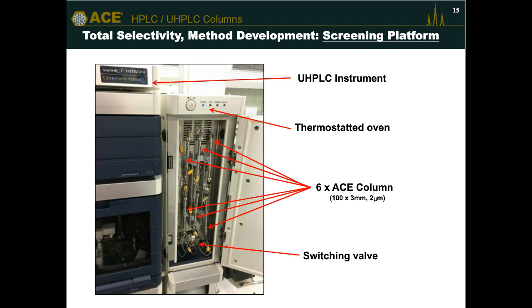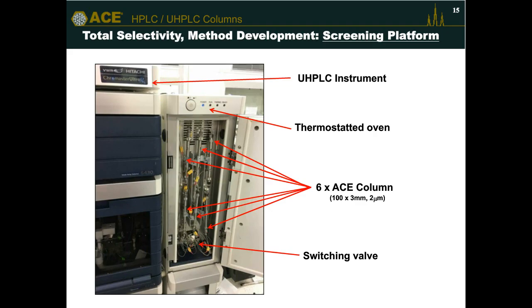What we found is this is a good compromise of speed, robustness and column lifetime. So this allows us to have a reasonable number of plates for good efficient chromatography, and also with the 2 micron particle, it means we don't have too high a back pressure, which means that the system itself is a pretty robust system.